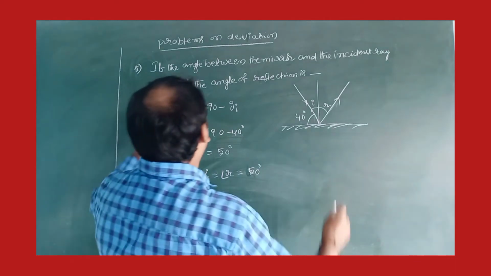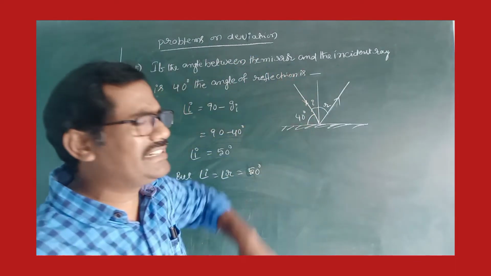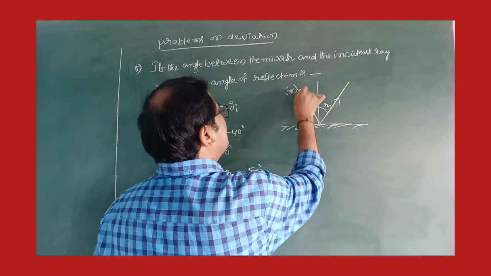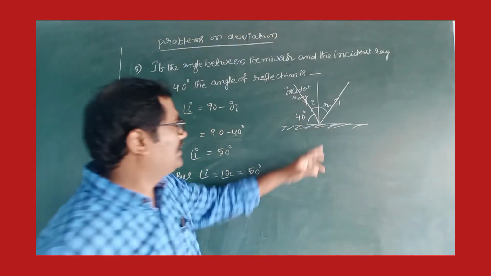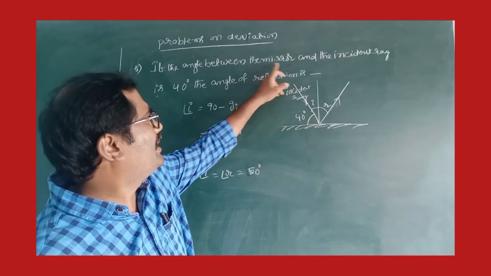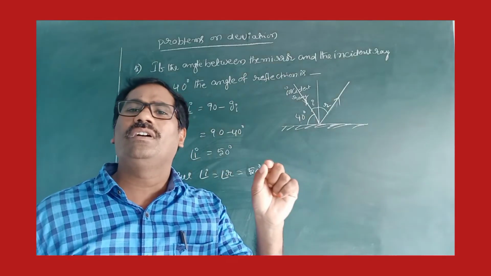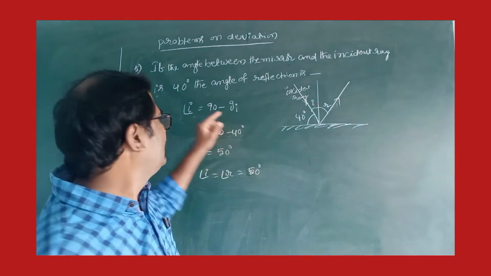That means it is the angle between the mirror and the incident ray. The angle made by the mirror with the incident ray is 40 degrees. This is also the glancing angle of incidence.